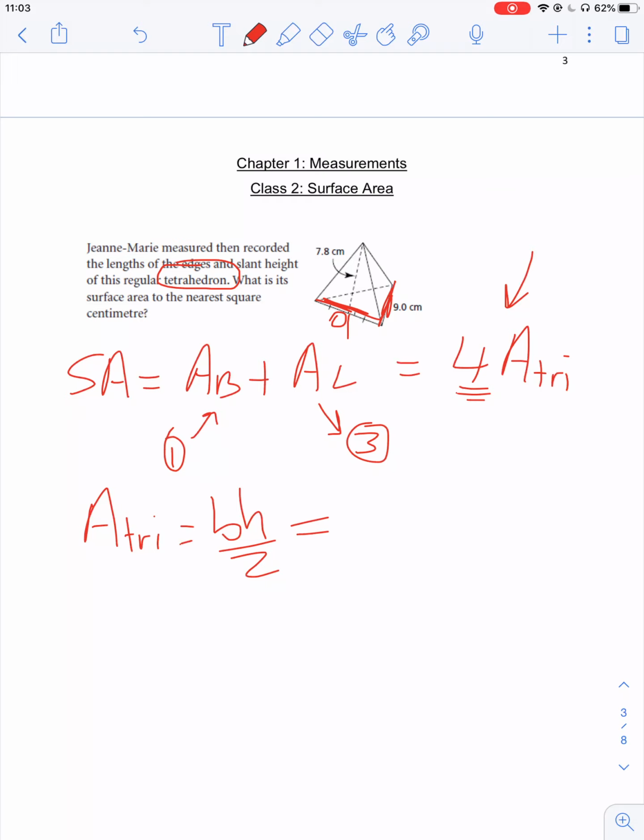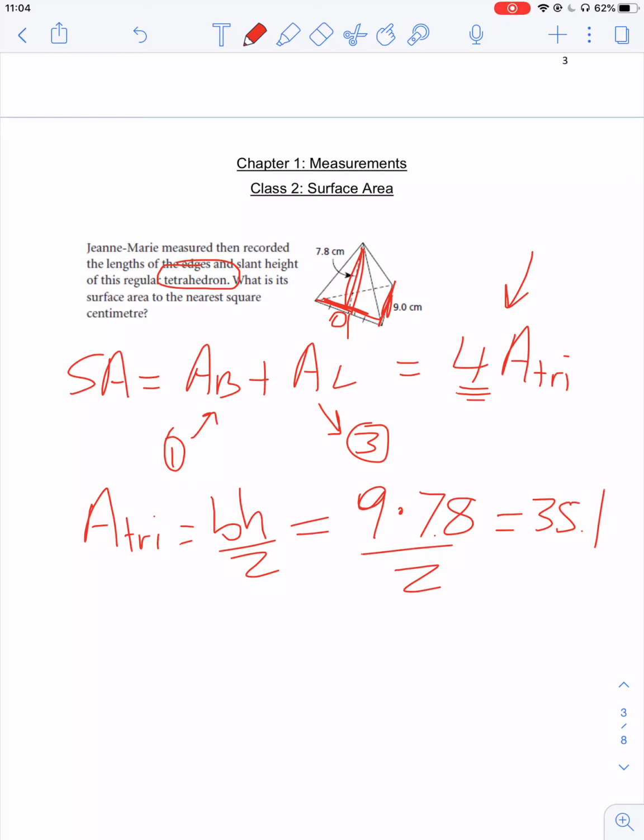And my height is 7.8, so it's just 9 times 7.8 divided by 2. Again, don't forget to divide by 2. So 9 times 7.8 divided by 2 is equal to 35.1, okay? Let me just check this one more time. 9 times 7.8 divided by 2.